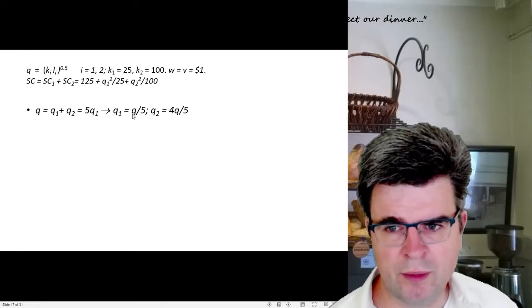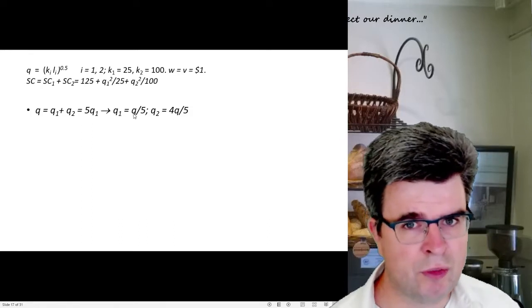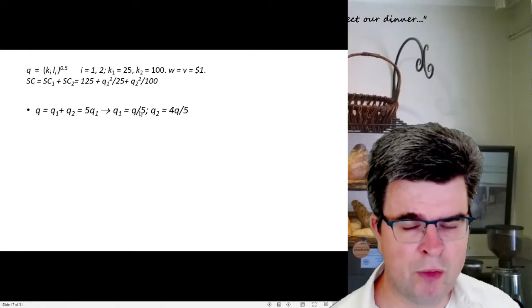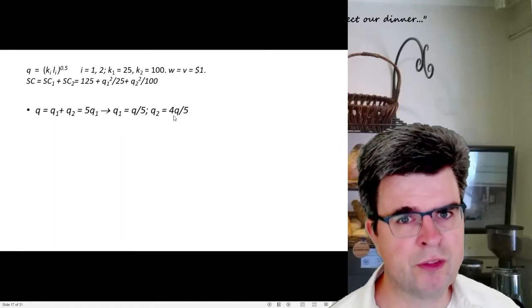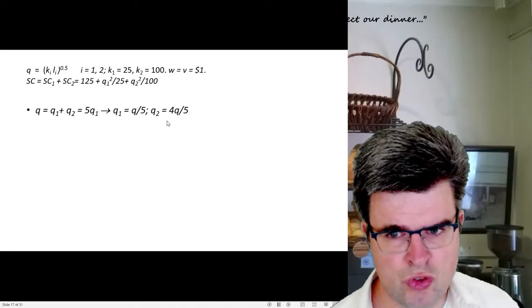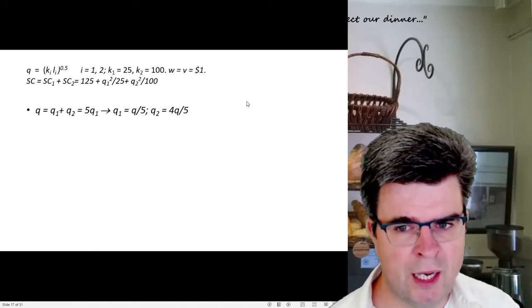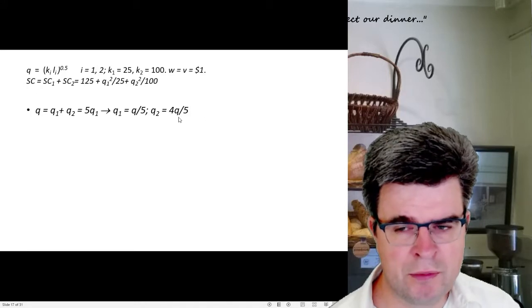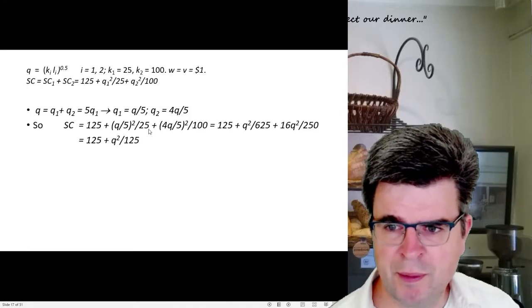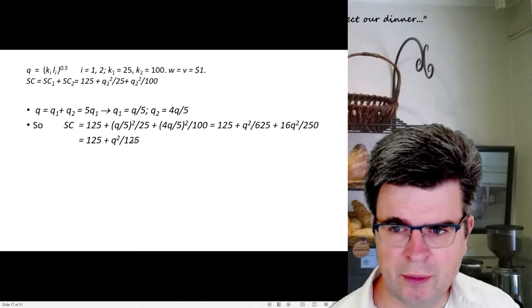So we know that if the total production is Q, then 1/5 of the production takes place in plant 1, and 4/5 takes place in plant 2.